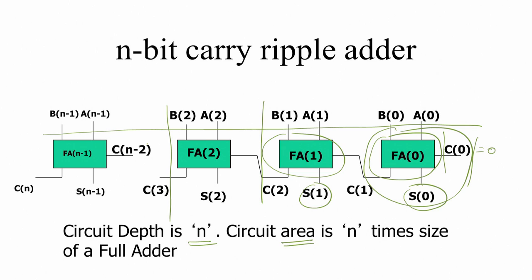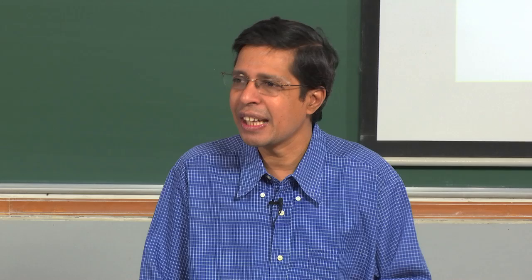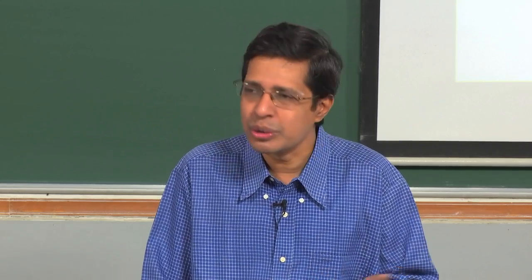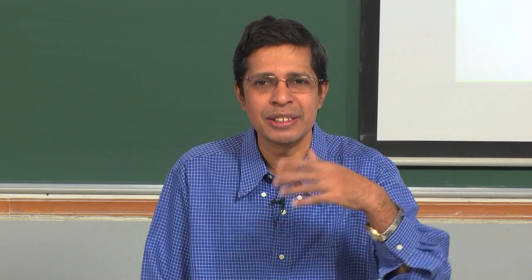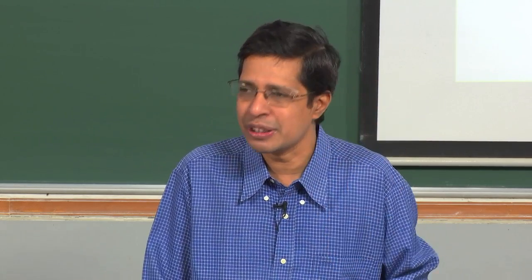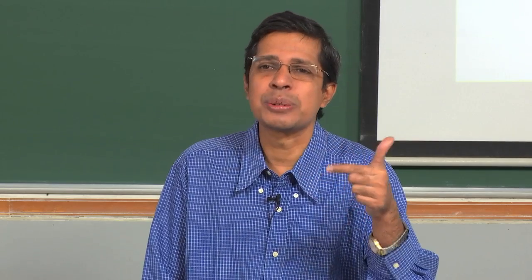For me this circuit depth of n is unacceptable, because I need to work very fast. Suppose tomorrow I want to do some cryptography algorithm, I want to do a 128 bit addition. I will take 128 units of time to do this. Say I am trying to do a voice codec, I am trying to send my voice through WhatsApp and I do not want somebody to listen, so I am doing an encryption of my voice.